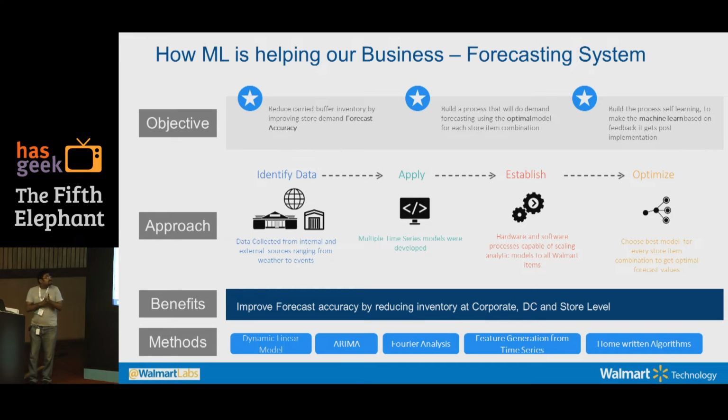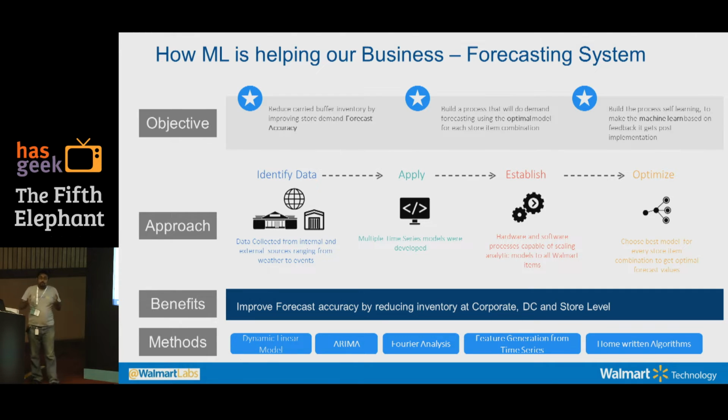The project started with our requirement of reducing buffer inventory. So that we do not go out of stock, we often have buffer inventories in our stores, so that when there is a huge spike in demand, we are able to meet that. But it doesn't always work that way.